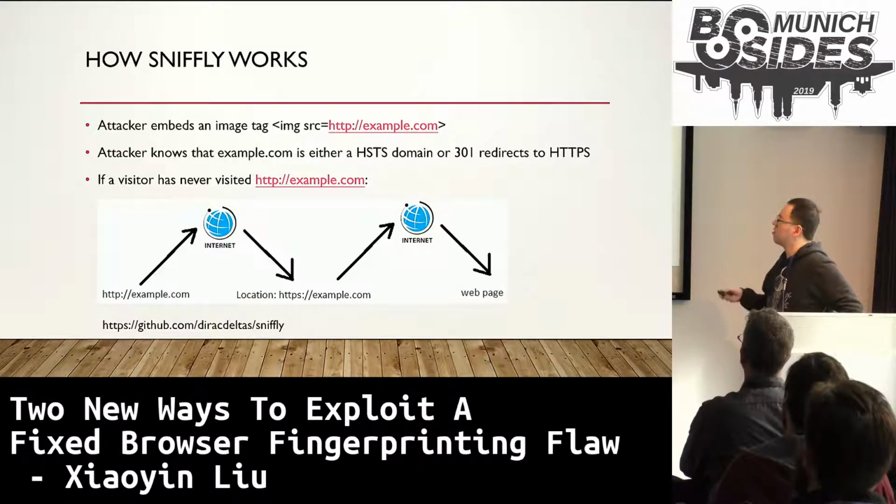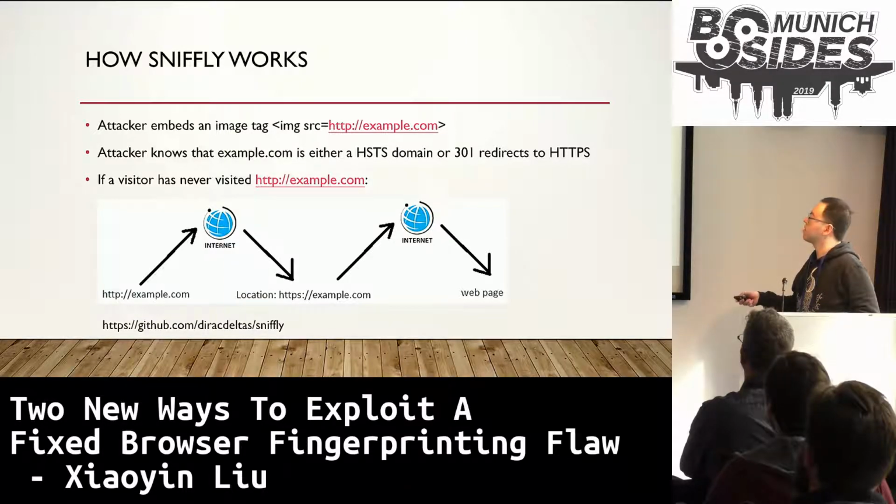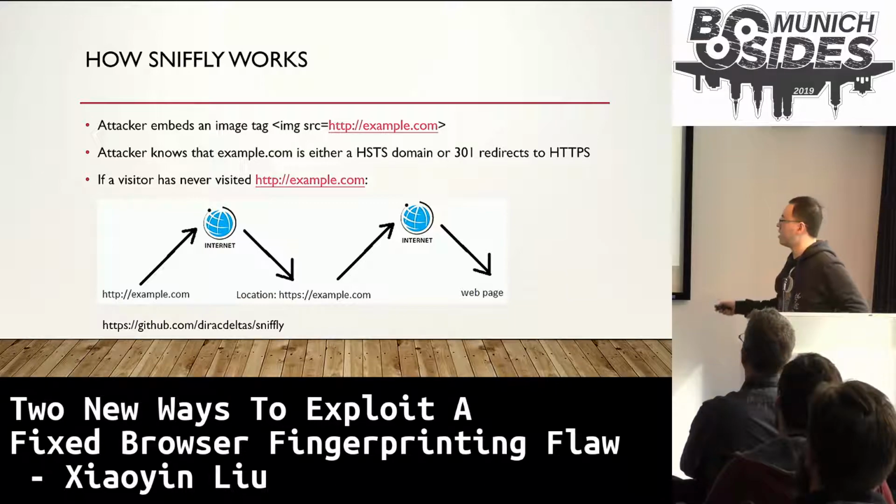When the browser tries to fetch this URL, the first request is HTTP example.com, and this request is sent to the server. Then the server replies with a 301 redirect to the browser, with the location being HTTPS. Then the browser will send the HTTPS request to the server, and then you get back the web page.